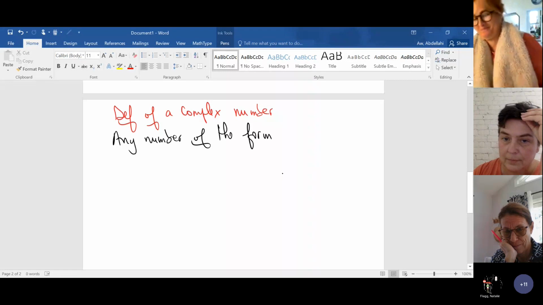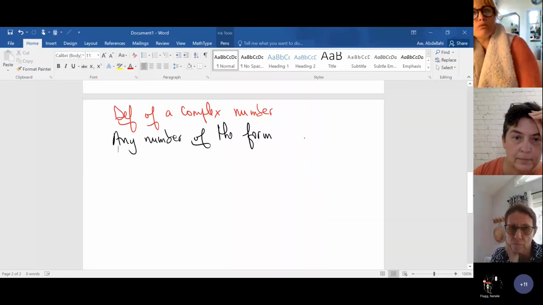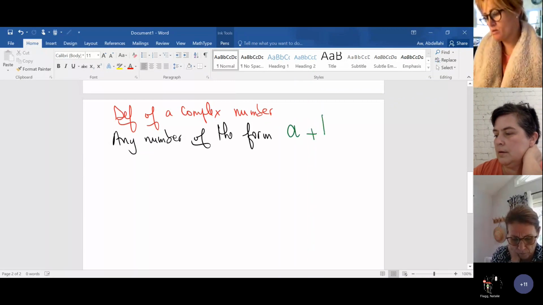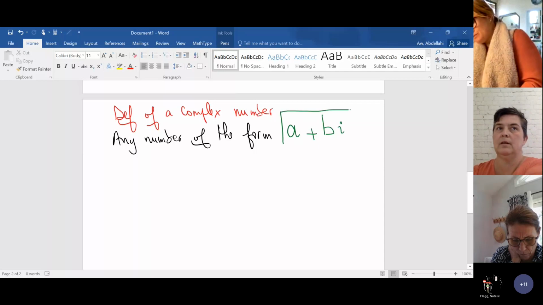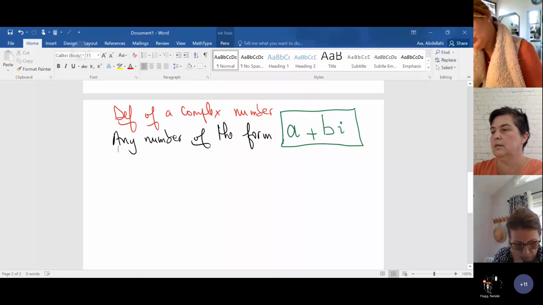All right. So just any number of the form a plus bi. Any number of this form is called a complex number, where a and b are real numbers.